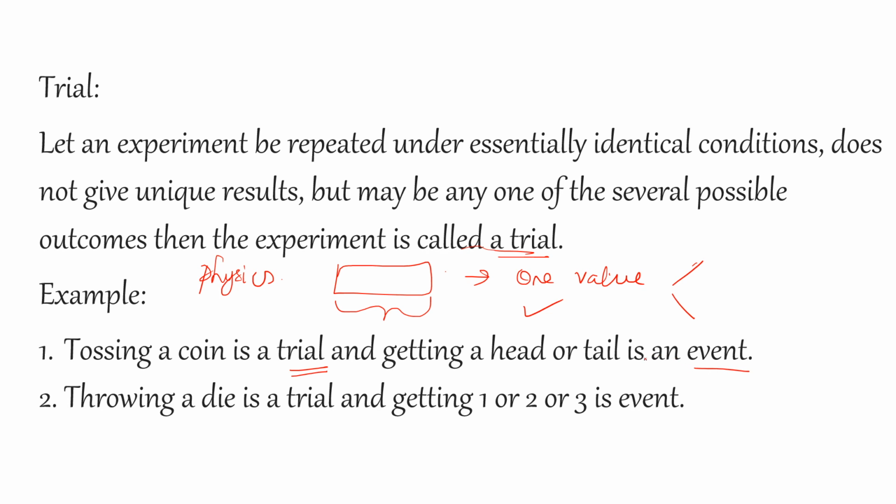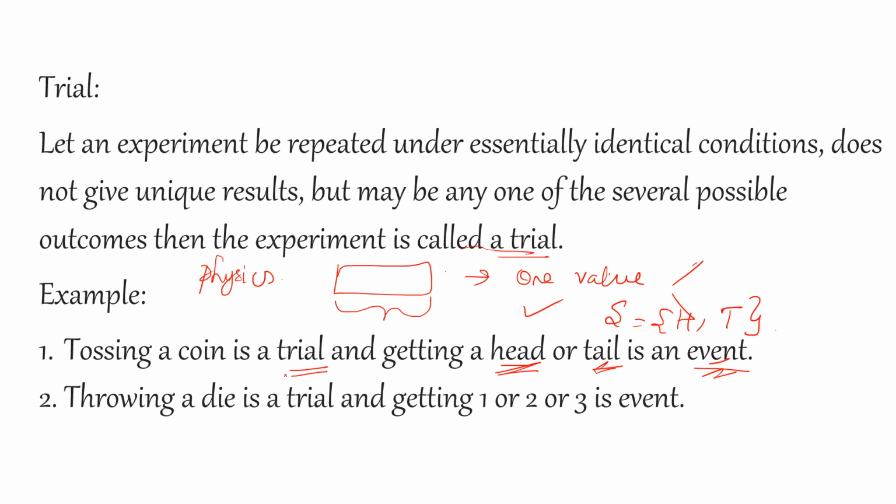I am conducting the experiment of tossing a coin, and the outcome will be a head or a tail. The sample space S is equal to the set {H, T}. But if you get a head alone, it is an event. If you consider tail alone, it is an event.